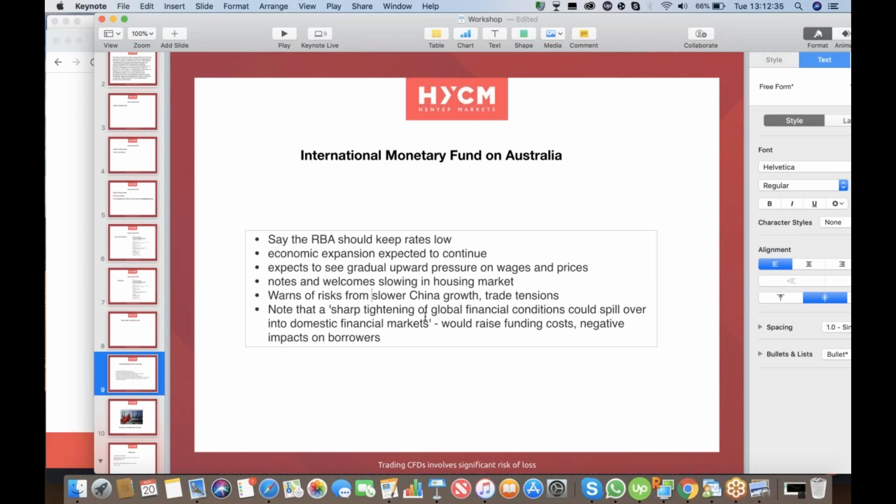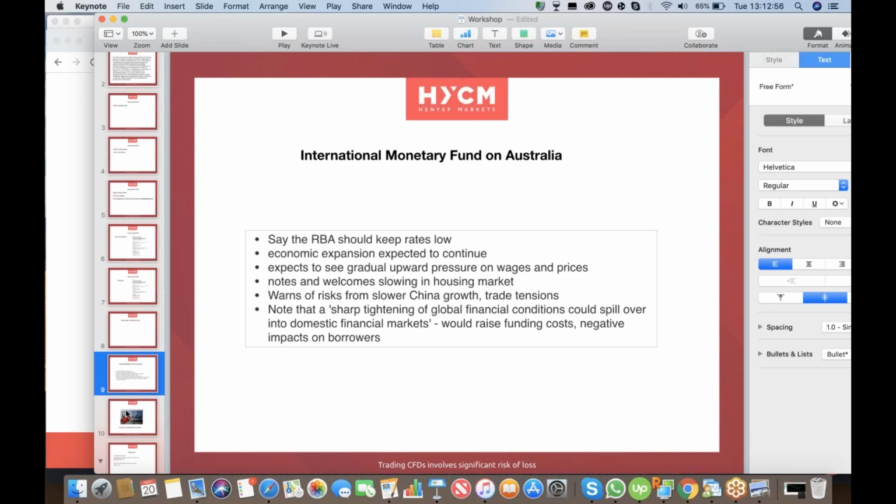They said, note that a sharp tightening of global financial conditions could spill over into domestic financial markets. In other words, the IMF's concern was that a slowdown in China growth, global growth, would result in more difficulty for the Australian consumer. So that's quite a negative tone.